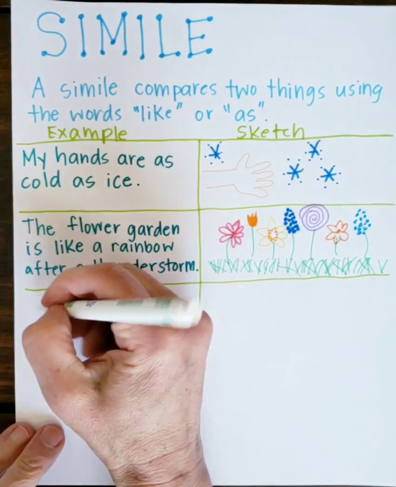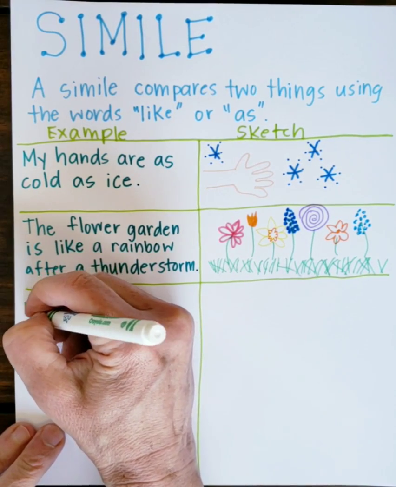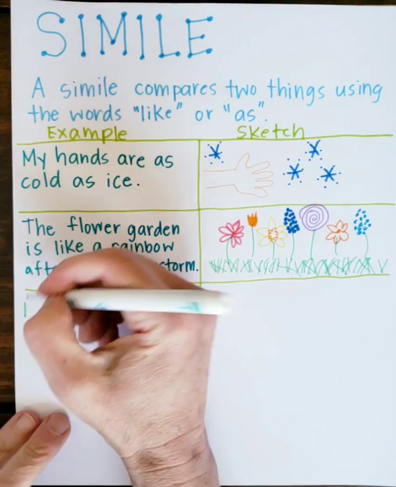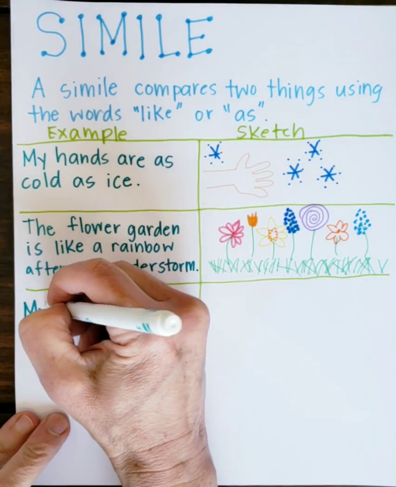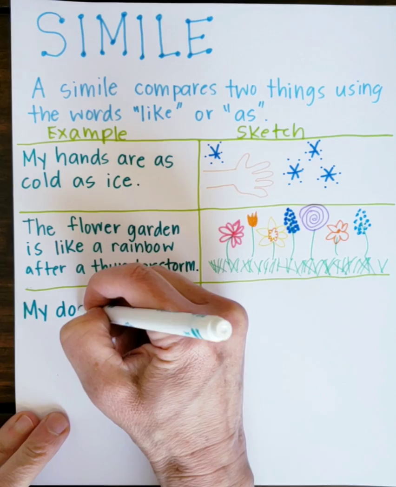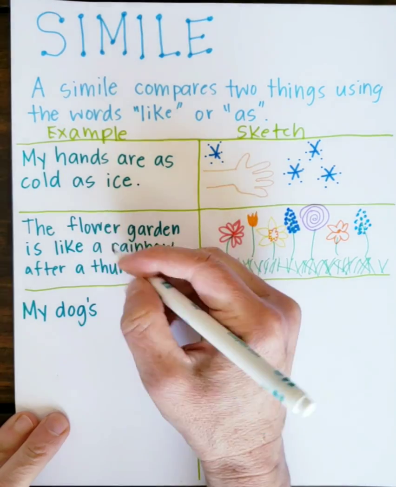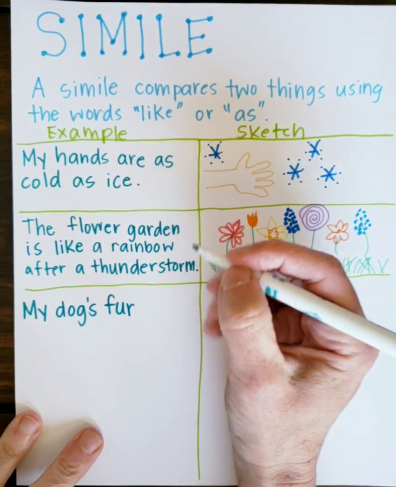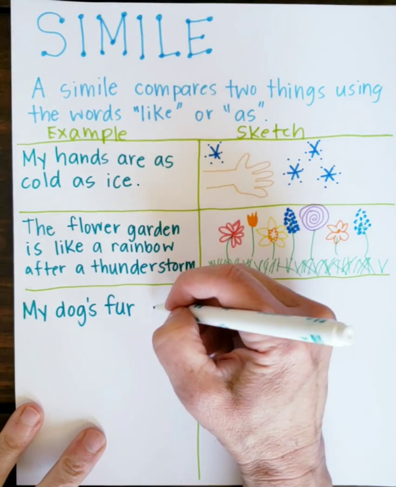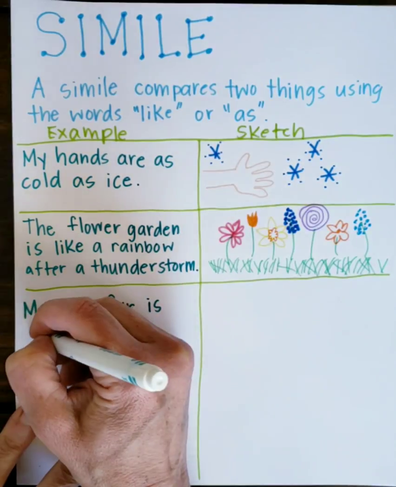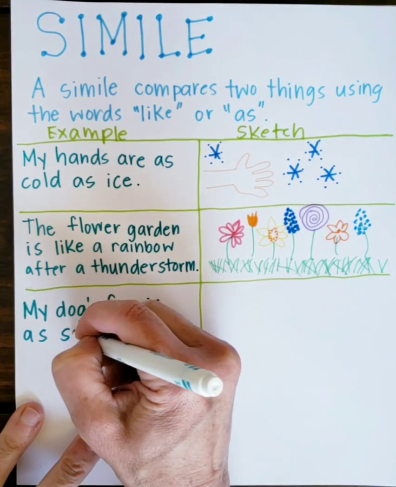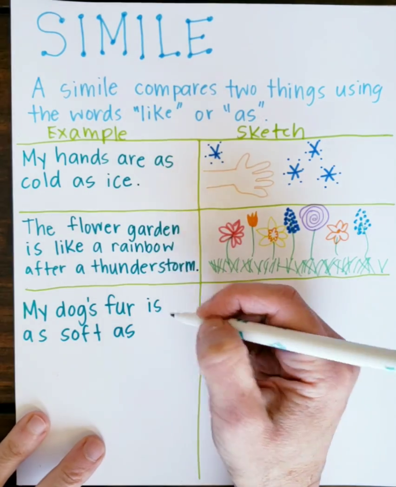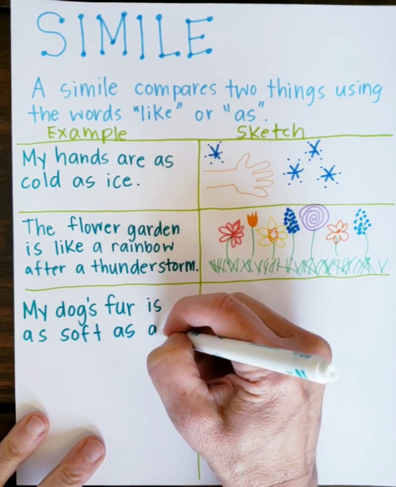So I'm going to say my dog's fur is as soft as, and what do you think is really soft? My dog's fur is as soft as, you know what's really soft? A cotton ball.